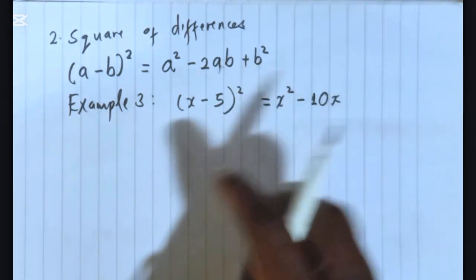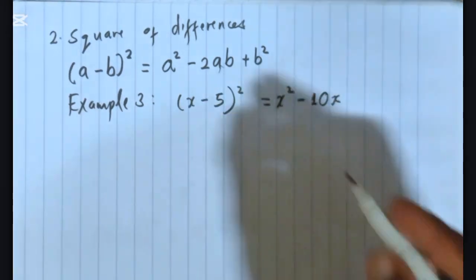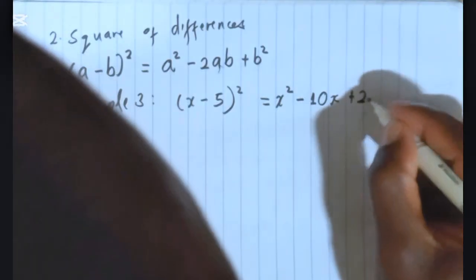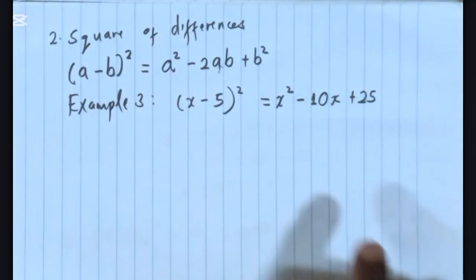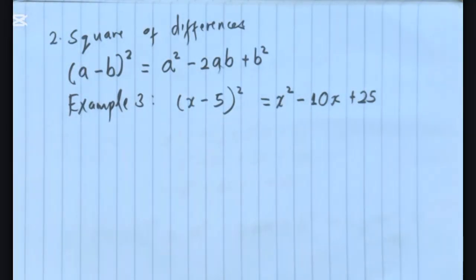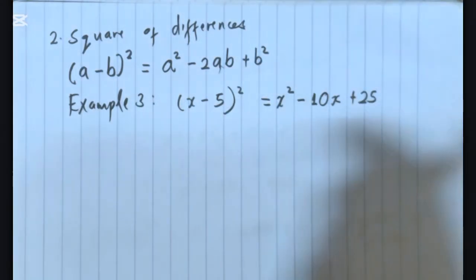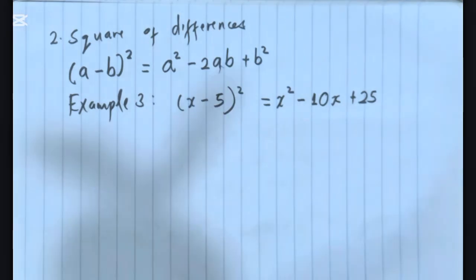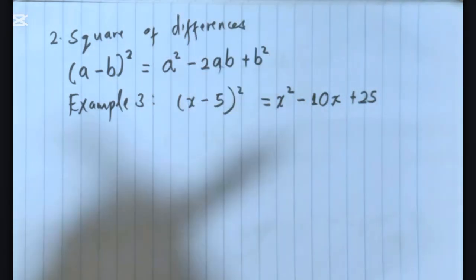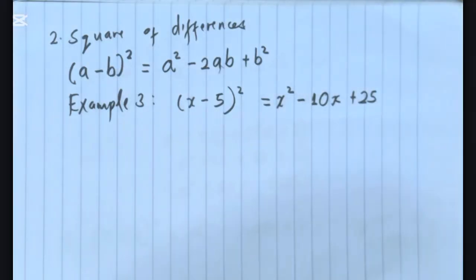All right, then we'll have negative 5 squared, and that will give us positive 25. So by just looking at this problem without going through the process of expansion, we are already able to tell what the answer will be. And how are we able to do that? By following the second quadratic identity, that is the square of differences.